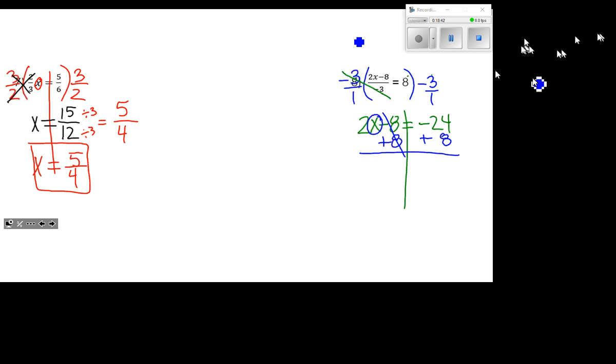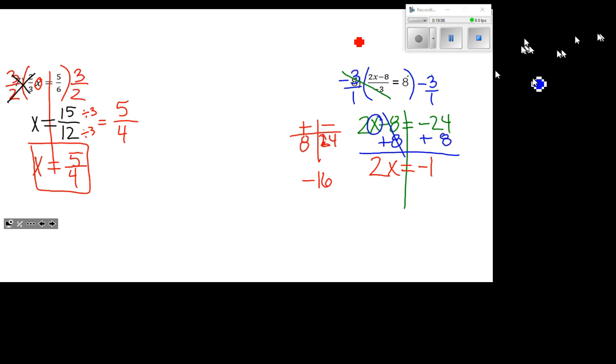And cancel. We can bring down the 2x. You can make a T-chart. 24 on the negative side. 8 on the positive side. So the negative is winning, and it is winning by 16 points.